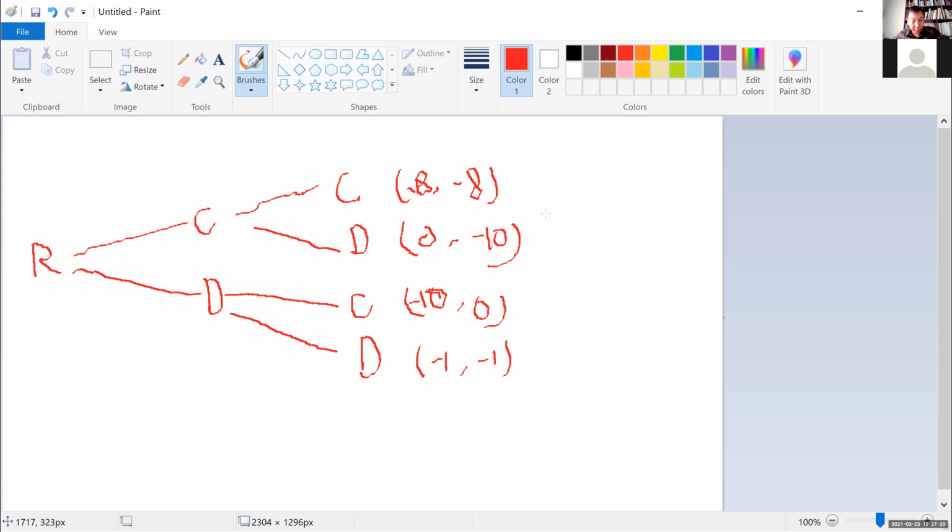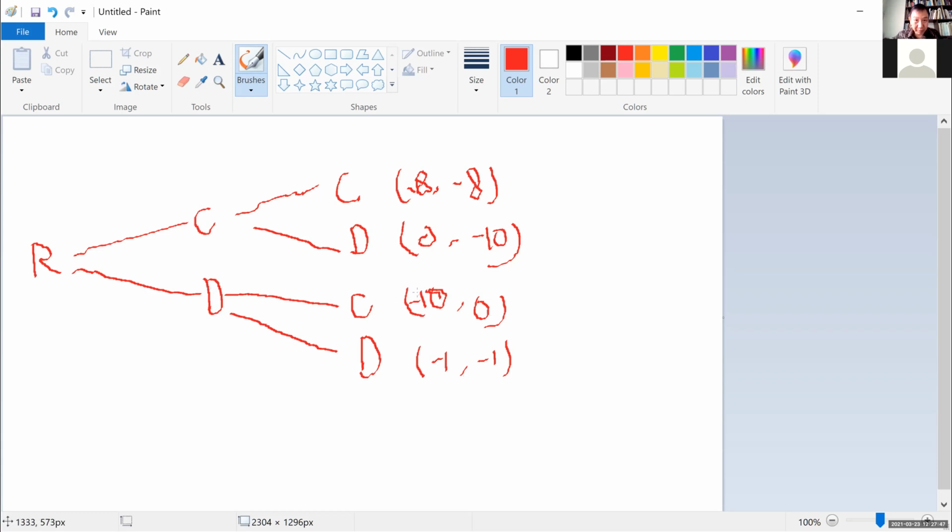And then what you will do? Row plays first this time. That means the decision of column, so you look at the second number. Play C, confess. What will column do? Minus 8 and minus 10.